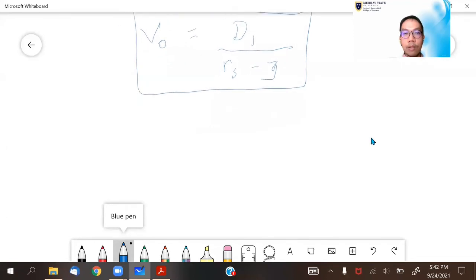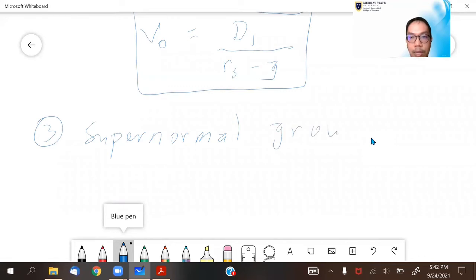And we have seen this one, and of course the third scenario would be what we call supernormal growth. Supernormal is a combination of everything. We saw it today in the class. Supernormal growth means that growth rates are in stages. So they don't suddenly become constant growth forever at once, but they go through several steps. And this is, I think, the most realistic one, right?